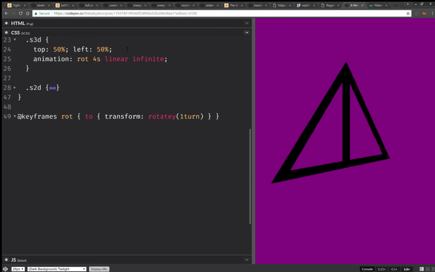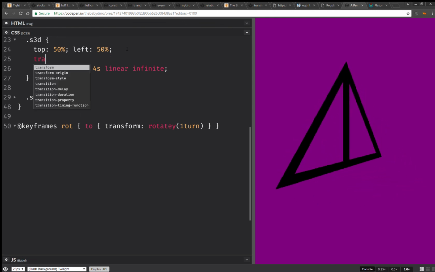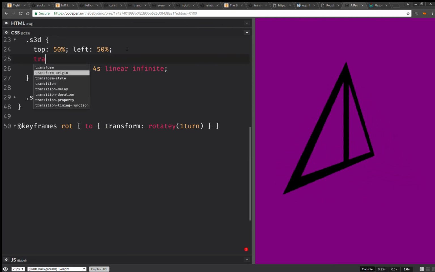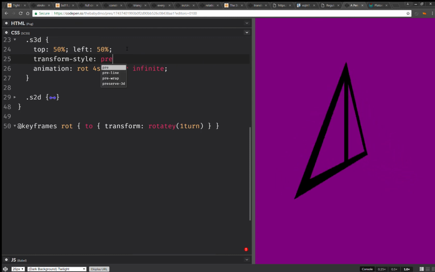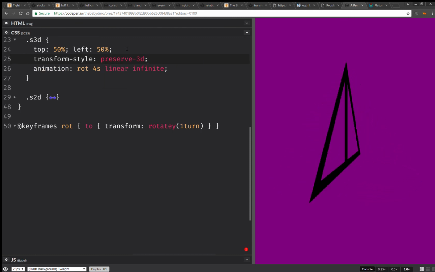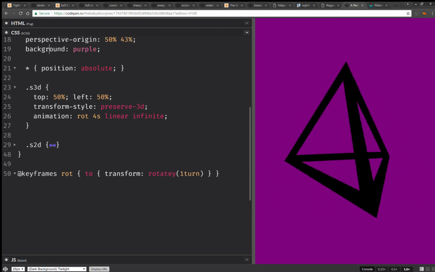And one more thing that's missing, we need to set transform-style, preserve-3d, so that the faces don't get flattened into the plane of their parent, the 3D shape.